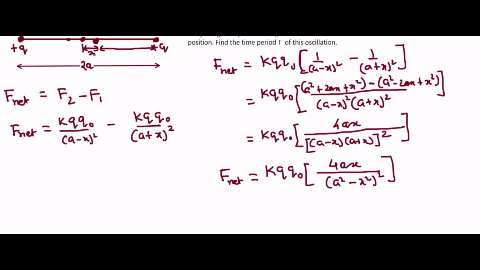Now, as said in the question, this x value is extremely small. The value of x is extremely small, so we can ignore this x square from this equation, and therefore the equation will take a form q0 4ax divided by a raised to the power 4, and one a will get cancelled out, so it will be 4k q0 x over a cube.